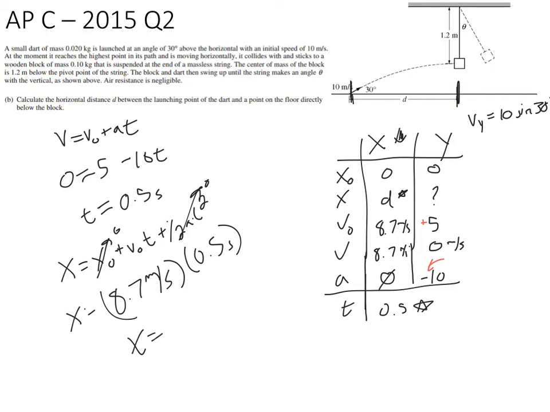X equals 4.4, about. All right, 2 points for this: 1 point for figuring out the time, and 1 point for basically substituting in correctly and getting the right answer. So this whole thing is 1 point, and this whole setup is getting 1 point.